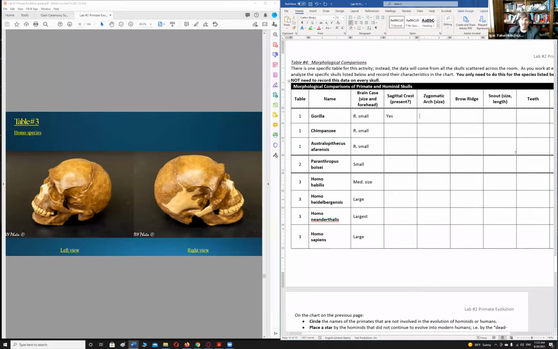Zygomatic arch, size, again. And now you're looking at the brain case. If it's small, most likely that would be large. And that would be large as well. That one would be large. That one would be large. It's either, remember, muscles or brain. In this particular case, the zygomatic arch is the bone where the muscles come through.